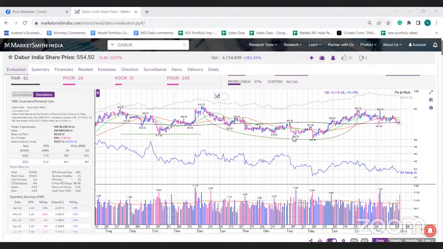The same can be seen in the number of funds section as well. There is a 5% decline in the number of funds in the last 1 quarter itself. So that is indicating that some of the big players are exiting their positions in this particular stock. And the fundamental rating, EPS of 61, is not a strong rating.